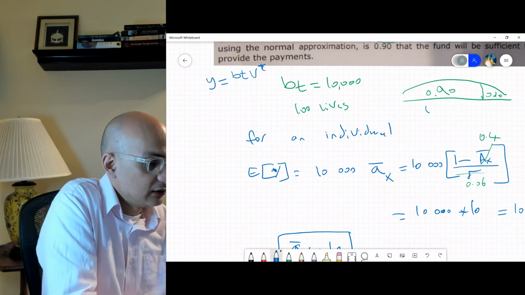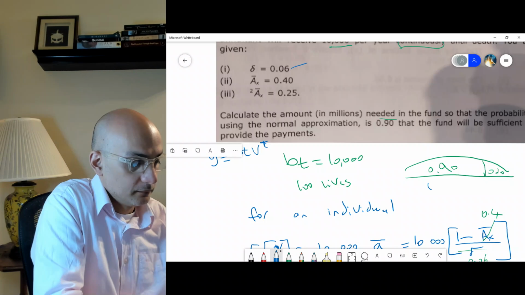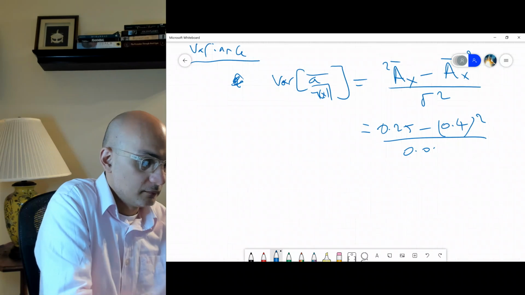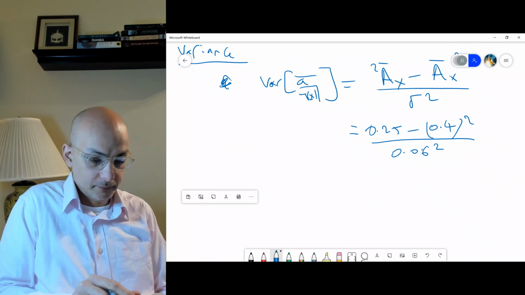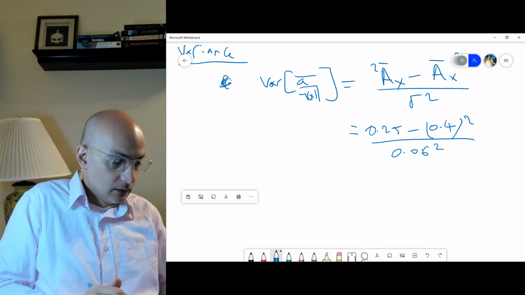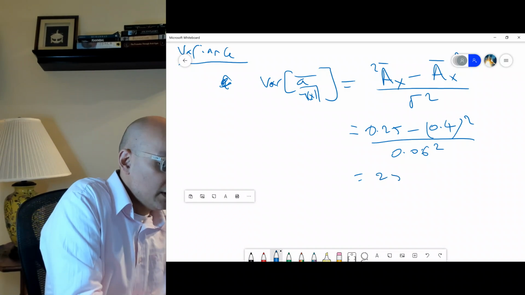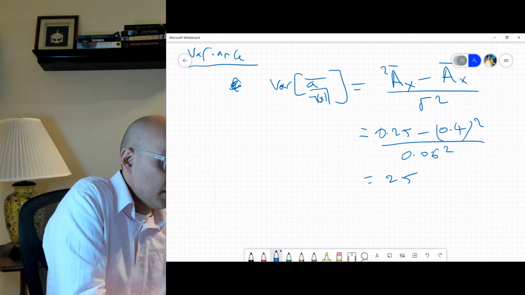Let's double check. Let's do this one. You would get for one individual is 25. Not for one individual, for 80, but for one individual.